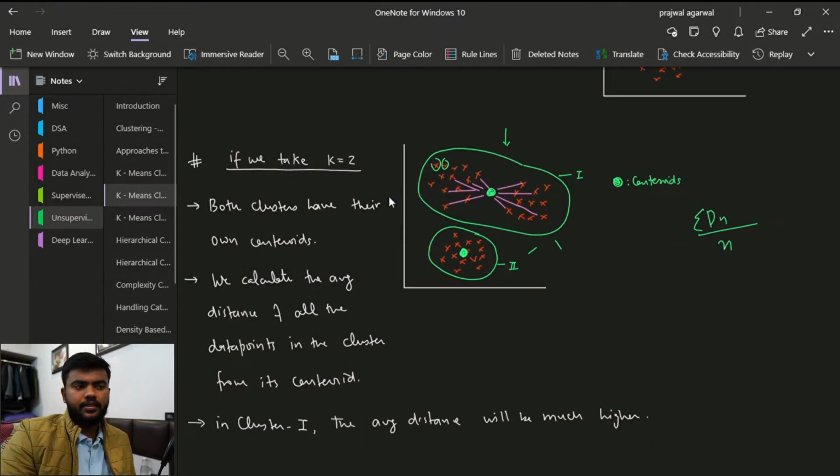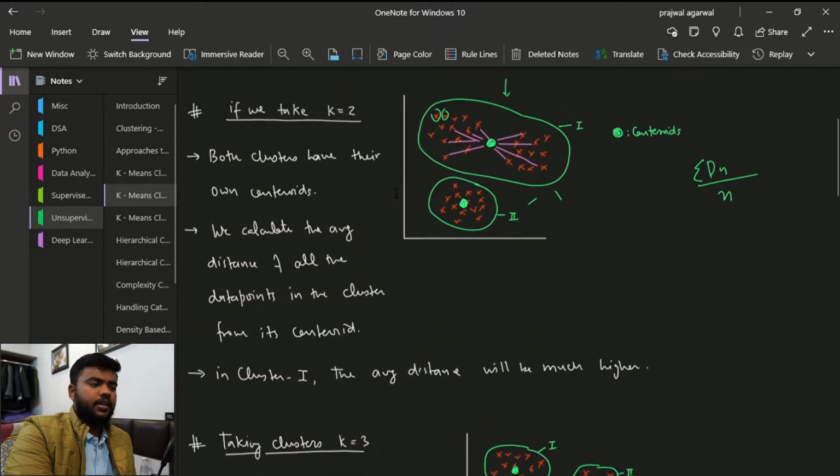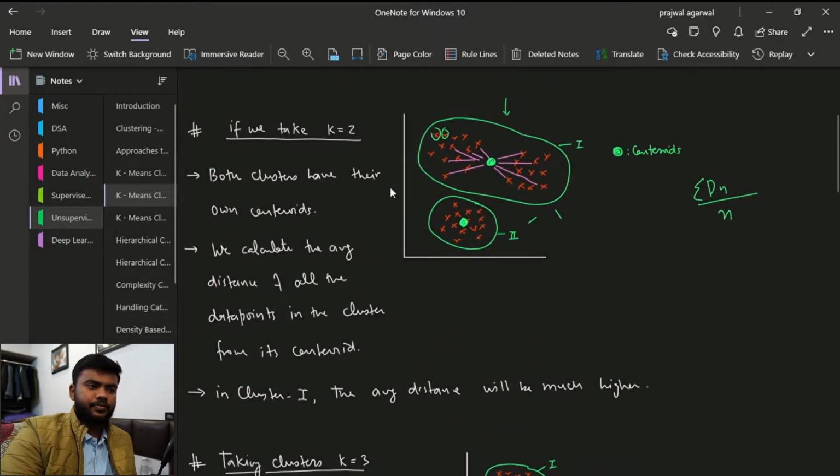That is the process we repeat for all the clusters. In cluster 1 it is very clearly visible that the average distance is going to be much higher, right?